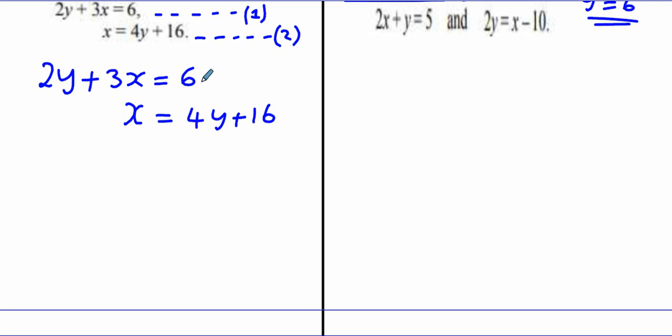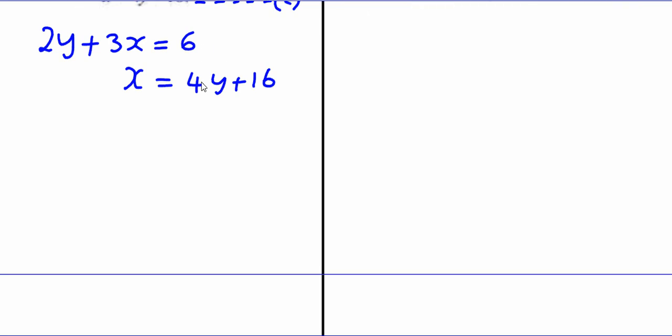Now, what I always say is after you have labeled these equations, solving by substitution method requires you to choose one equation and make one letter from that equation the subject. So you find that from equation number 1, we don't have any letter which is the subject. But when you check in equation number 2, you can find that x is made the subject.